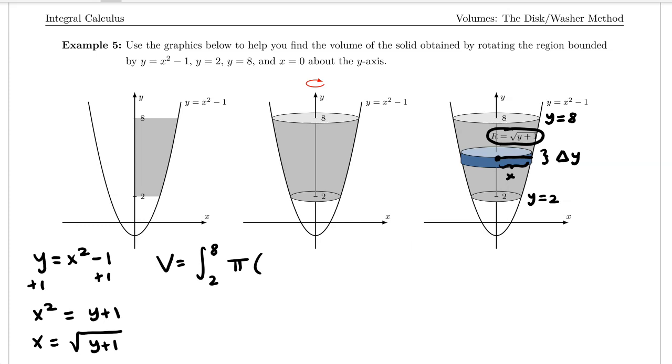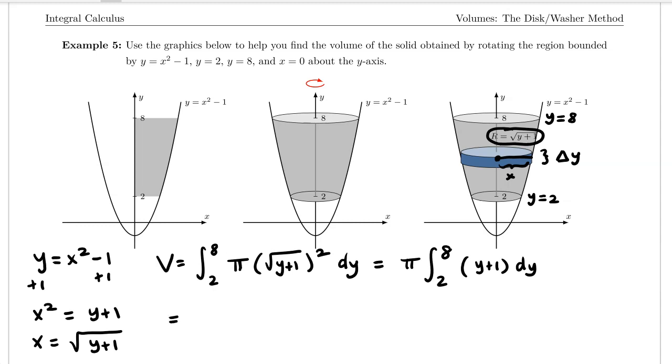We just said that the radius was the square root of y plus 1, and we need to square that and then multiply by the height, which in this case is delta y, or dy, when we change it into a definite integral. So I can factor out pi outside of my integral, and then I'm going to square that expression to get y plus 1, and we have dy.